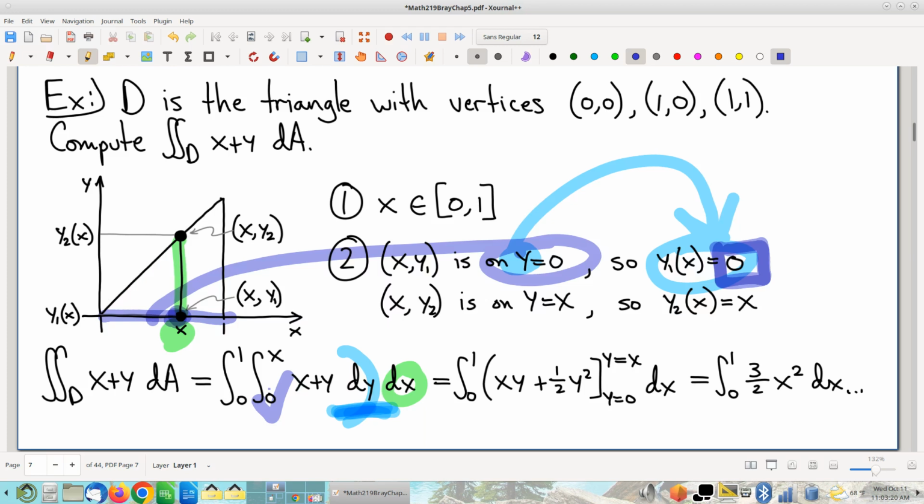How are we doing? Pretty good. Okay, let's do the upper bound for the y integral. The upper bound comes from this point. Again, thank you, picture. That point's on this curve. It's really important to have a good picture. You really need the picture to be able to make these conclusions.